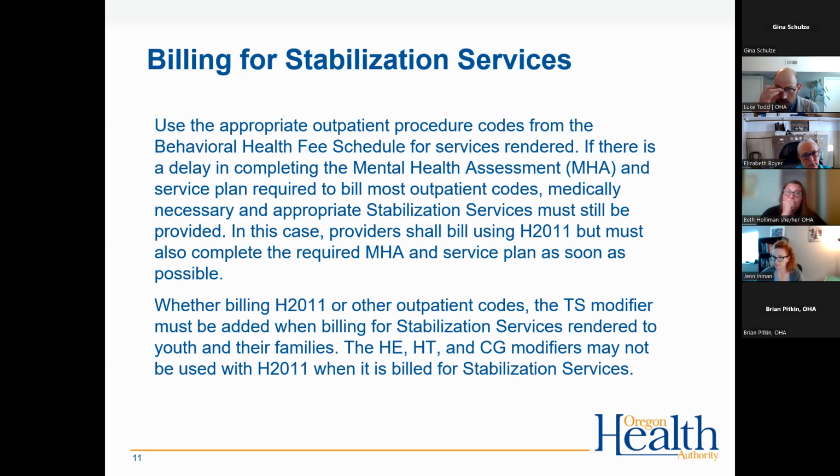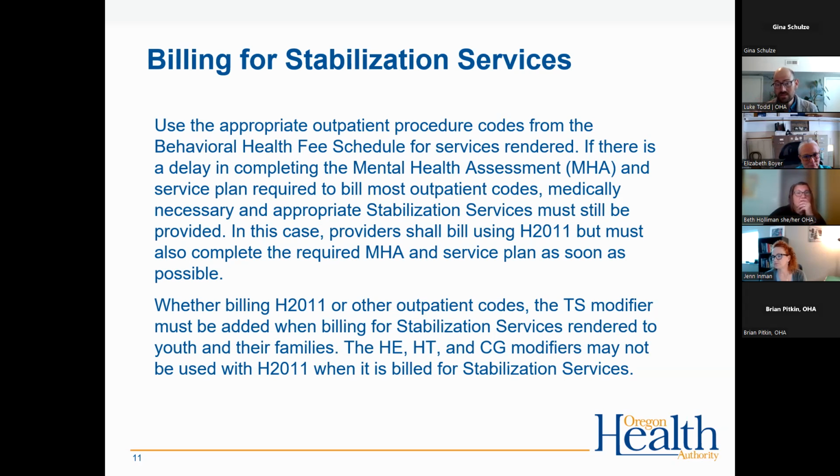I don't know if this is where the confusion stems from, but I did have a question from someone about the fact that H2011 isn't listed on the behavioral health fee schedule under the peer delivered services tab. And that is the case, it's not listed there. Just by way of clarification, that tab doesn't indicate every procedure code that a peer can bill.